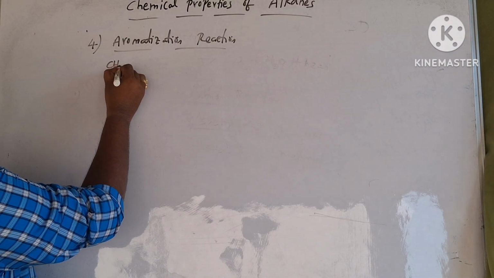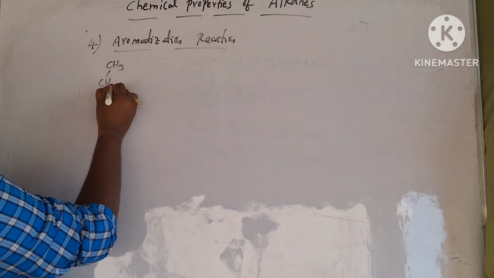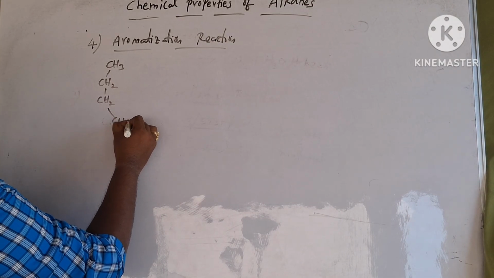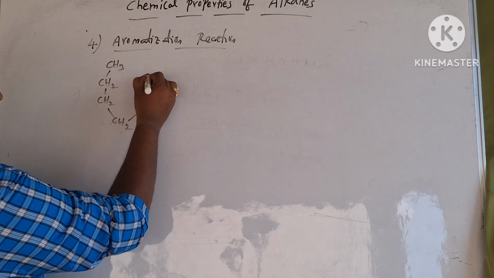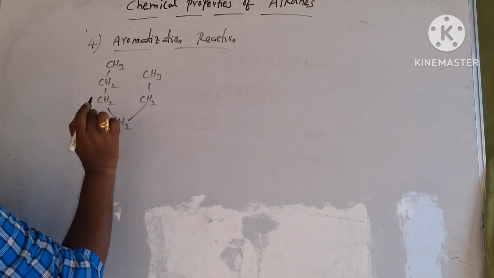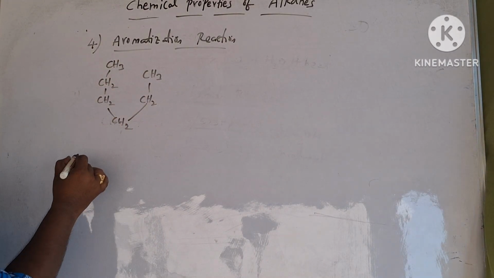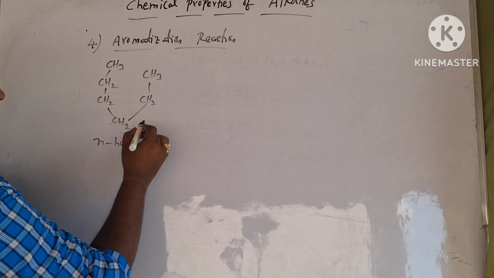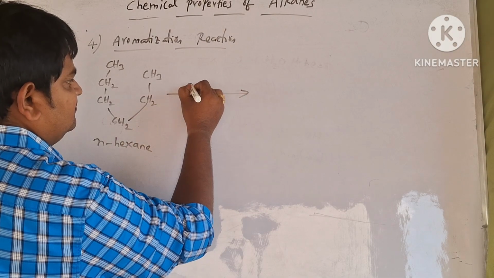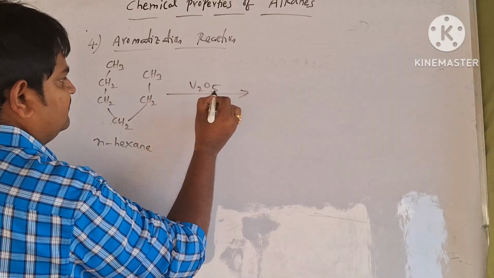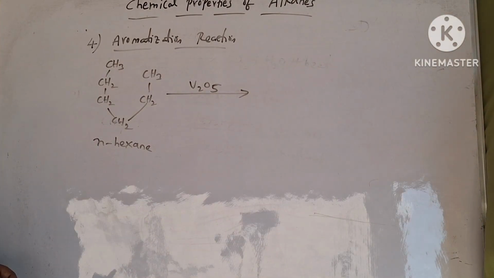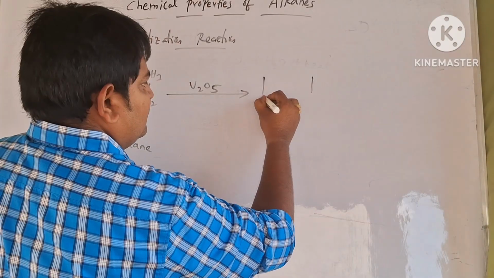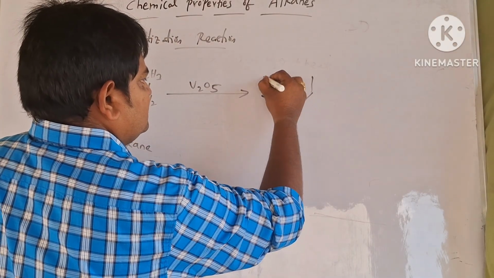The formula for hexane is CH3, CH2, CH2, CH2, CH2, CH3. It is named n-hexane. On reacting with, here the catalyst is V2O5. Then it will form the corresponding one important aromatic compound.